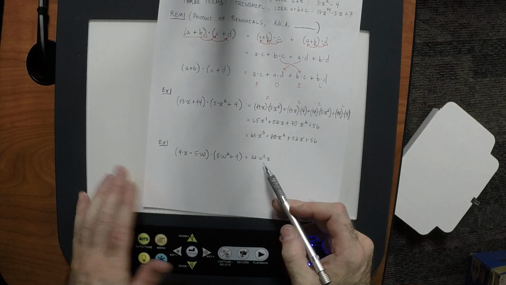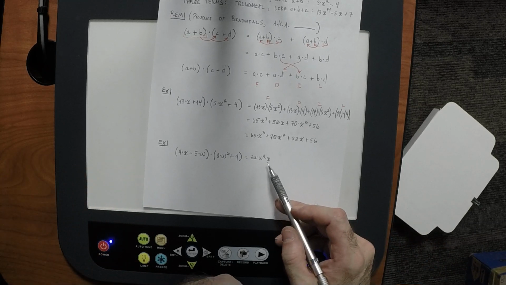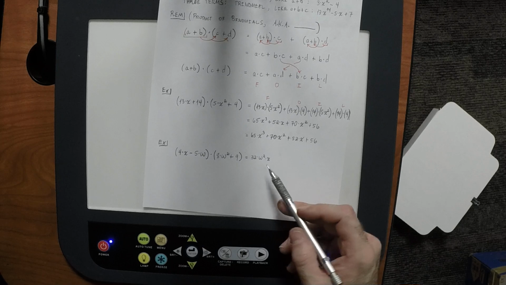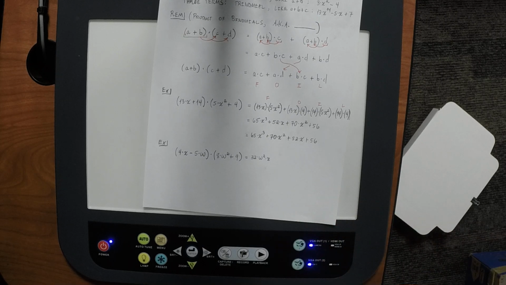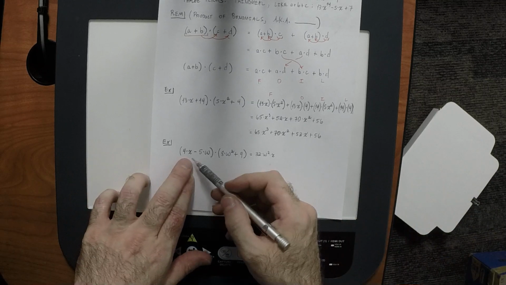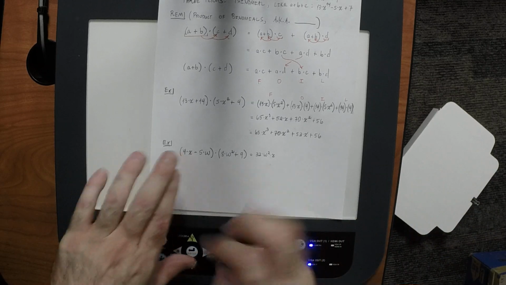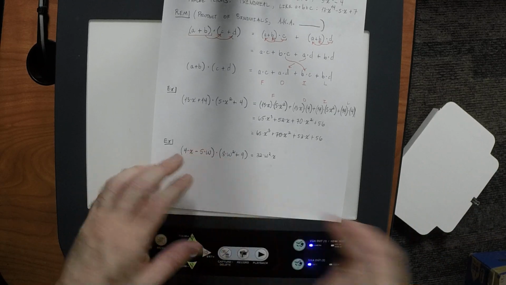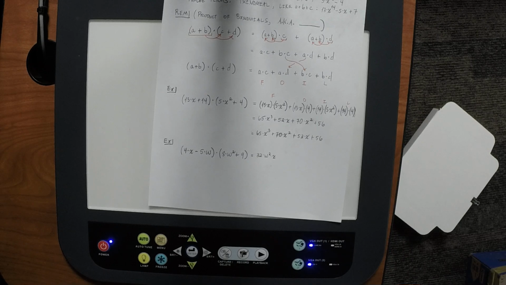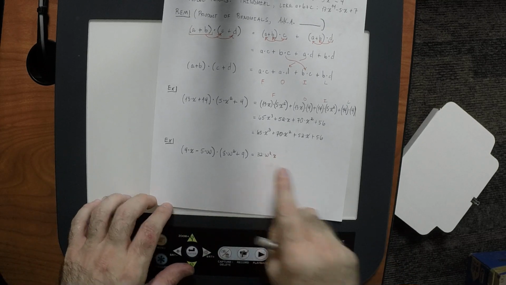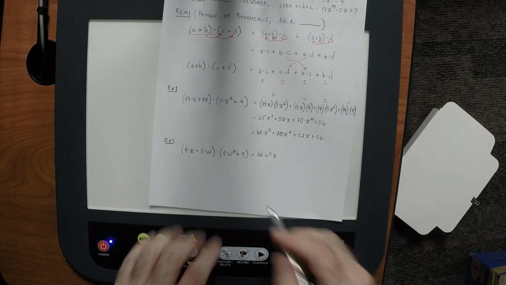I went with this because that's what I heard someone say. An argument for this is that w comes before x in the alphabet, so maybe list them alphabetically. In my head, because this x is on the left of the w on this side, I have reasons to want it on the left on this side too. But it doesn't matter because multiplication commutes.